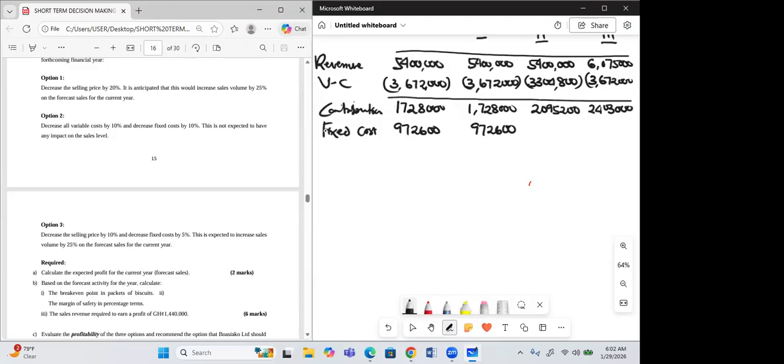Option 2, did they say anything about fixed cost? They said yes. It became what? 875,340. Option 3, what did they say about fixed cost?